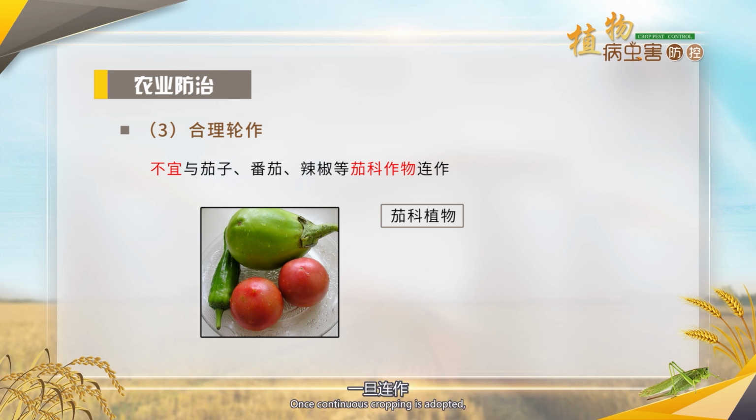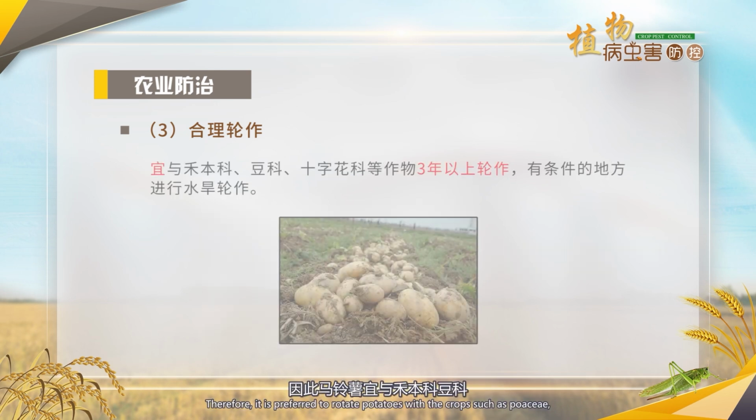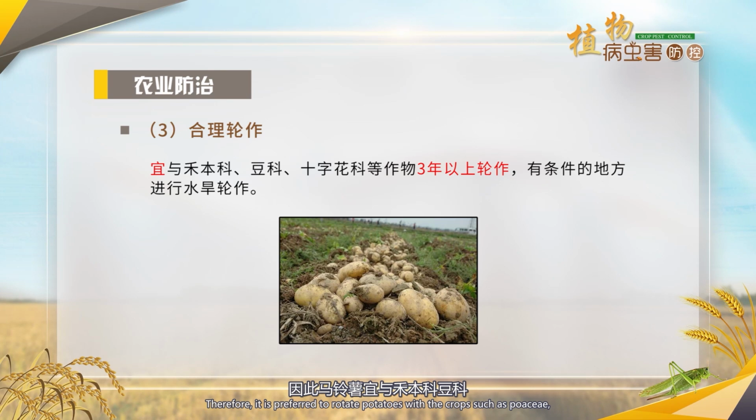Once continuous cropping is adopted, it will inevitably lead to the accumulation of a large number of pathogenic bacteria in the soil and the surrounding environment, which will aggravate the diseases. Therefore, it is preferred to rotate potatoes with crops such as Poaceae, Leguminosae, and Cruciferous for more than 3 years. And paddy upland rotation may also be adopted where conditions are met.